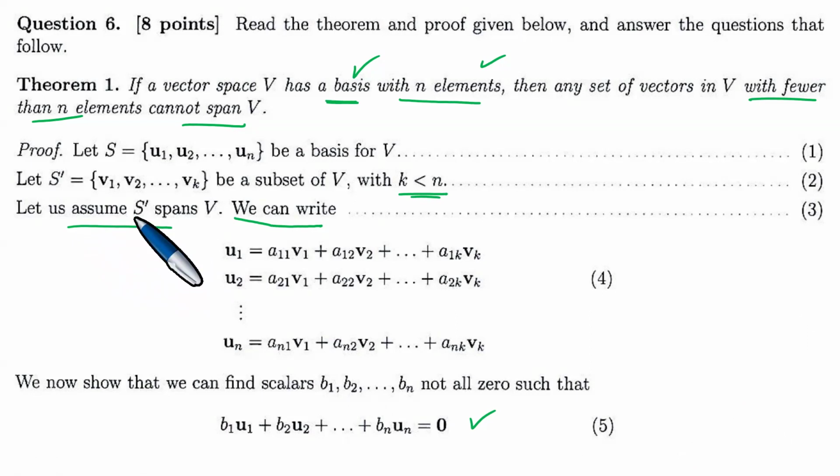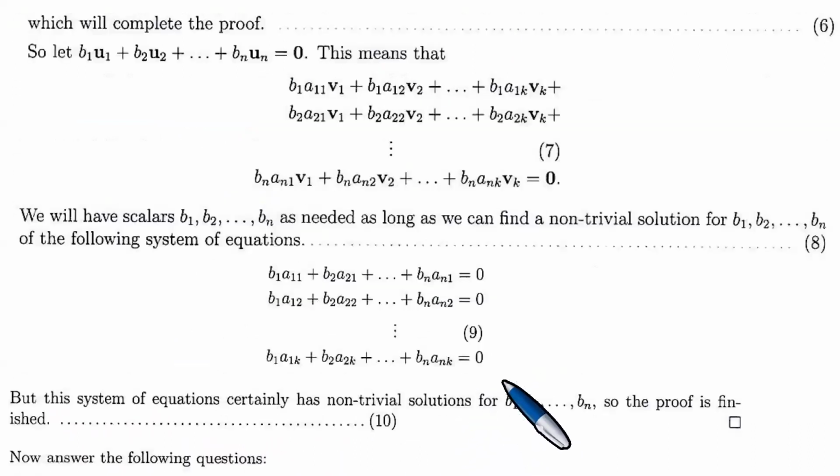In the end, we say that any set of vectors in V with fewer than n elements cannot span V. So we now show that we can find scalars B1 up to Bn such that this equals 0, which will complete the proof.